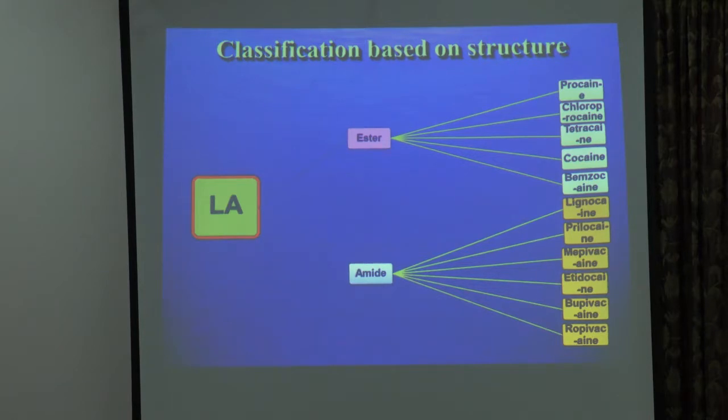But then the amides, they are the common ones that you can come across, and the ones we have in our setting are basically lidocaine and then bupivacaine. Bupivacaine is what you sometimes call Marcaine, so it's the same thing. There's a plain Marcaine and a heavy Marcaine, so it's not just heavy Marcaine. All the Marcaines are actually bupivacaine.